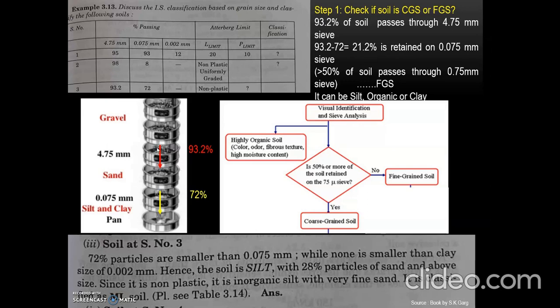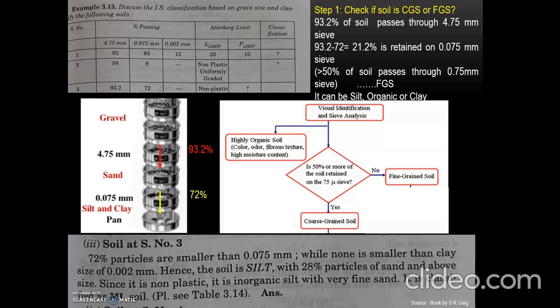Percent passing through 4.75 is 93.2, and out of which 72% has passed through 0.075 mm sieve. So this is the 0.075 mm sieve, and 72% of the soil has passed through it. So how much is retained on this sieve? That will be 93.2 minus 72, which is equal to 21.2%.